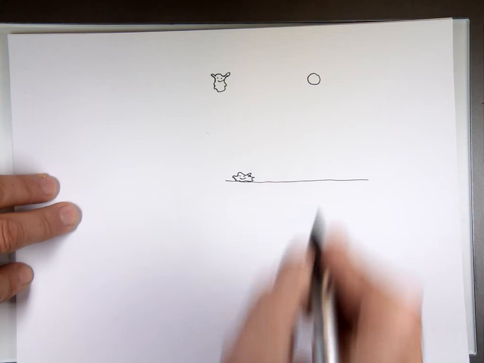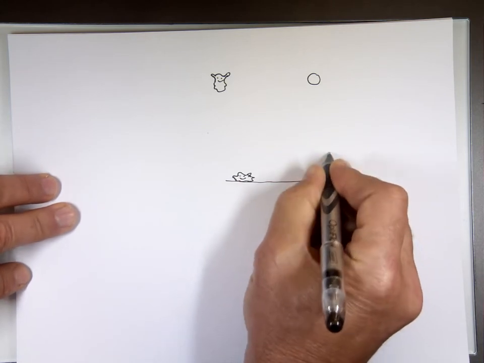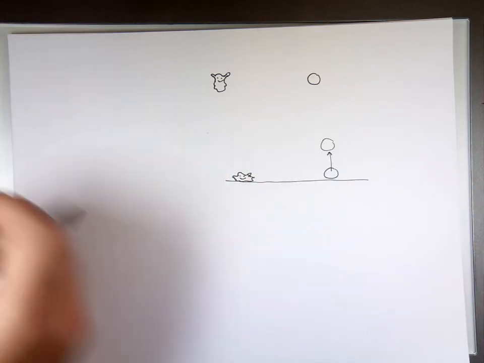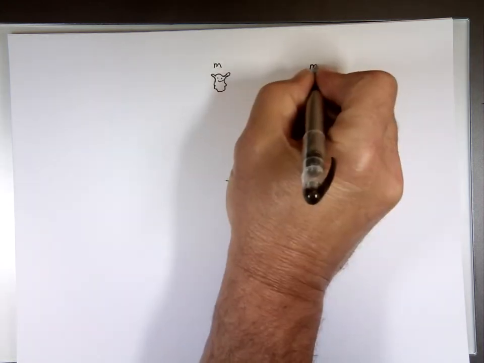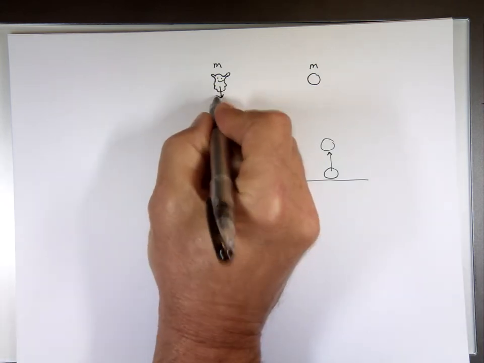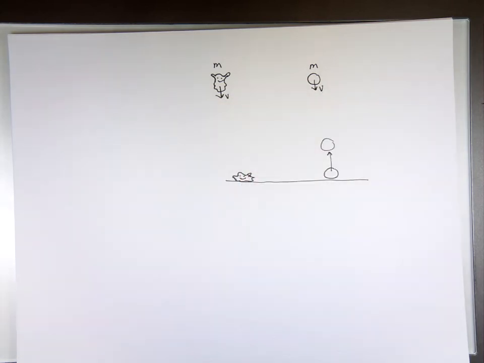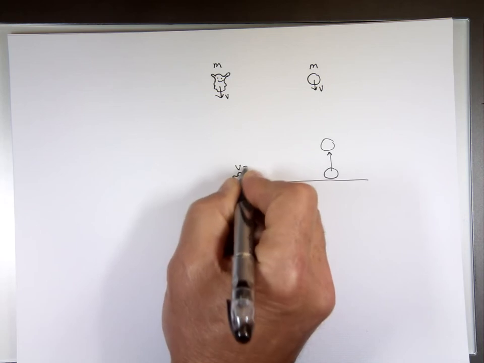Now, what happens to the ball when it hits the ground? It bounces back up, goes right up there, where this one just stuck to the ground. Let's assume the mass is the same for both of them, and we drop them with the same speed. So this one has a final speed of 0. Doesn't bounce.